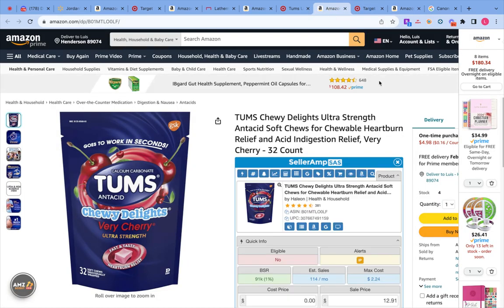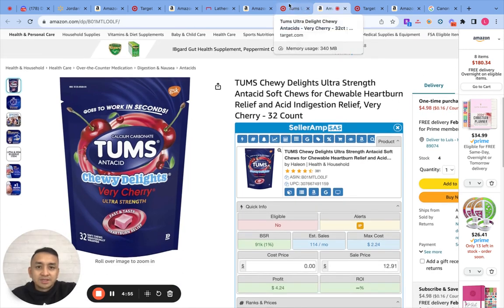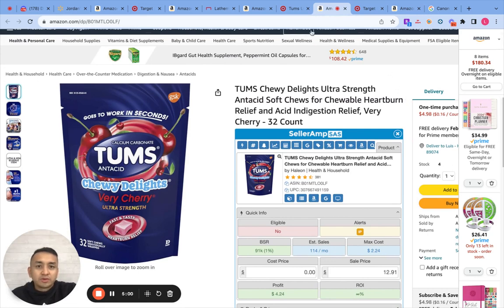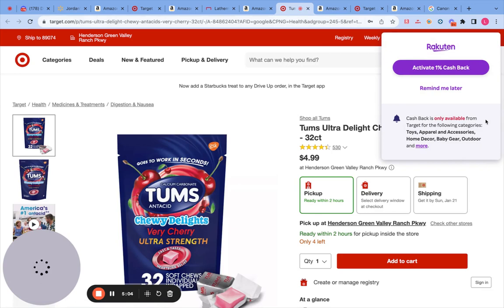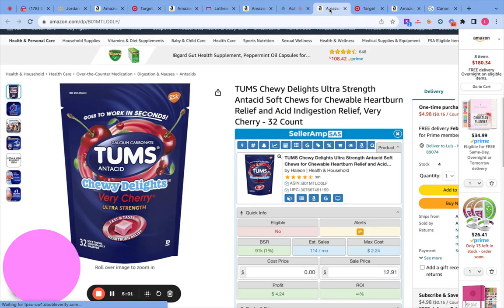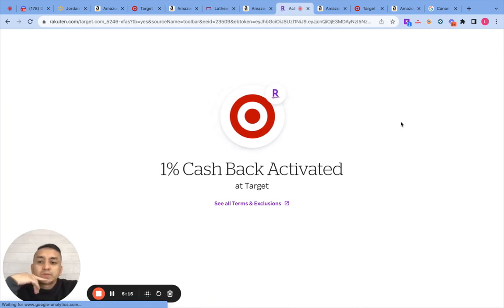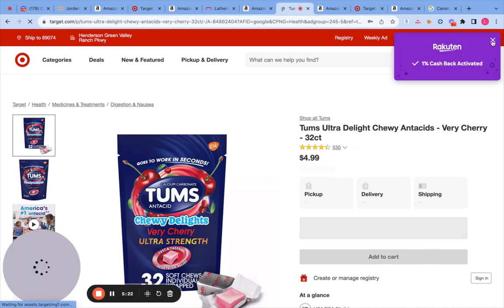Next product is a Tums candy, I think, for heartburn. Let's see. This one is available at Target, so I would click on Rakuten's 1% cashback here. I think the cost is $4.99, right?